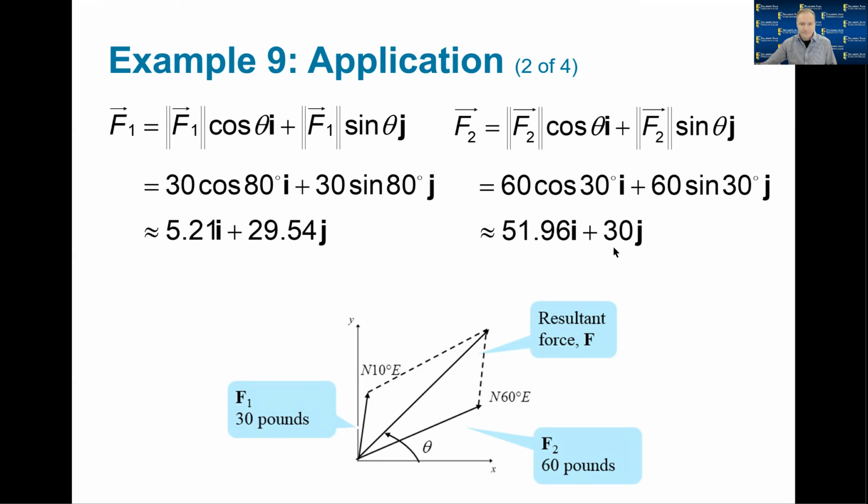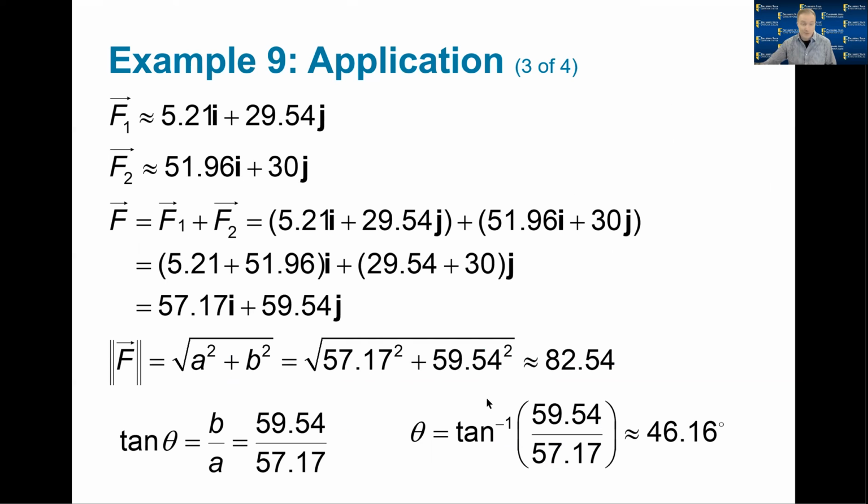So now, if I want to find the resultant force of both of these vectors acting, then I'll just sum the two vectors together. I had vector F1, vector F2. I add their individual components: 5.21 plus 51.96 gives me 57.17i.